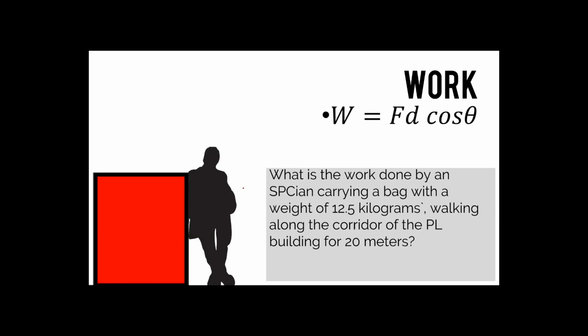Okay, so there is a student carrying a bag weighing 12.5 kilogram walking along the corridor of the PL building for 20 meters. Okay, so we'll try to identify the work done by the student to the bag.